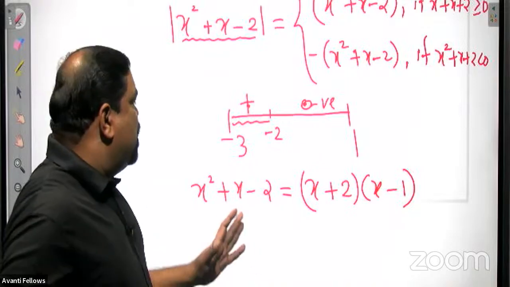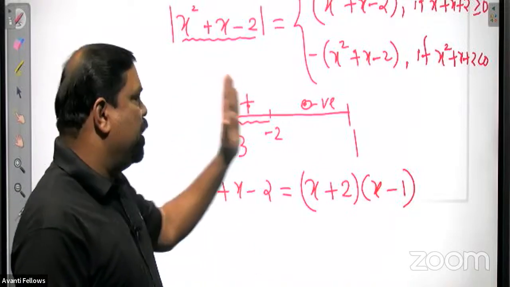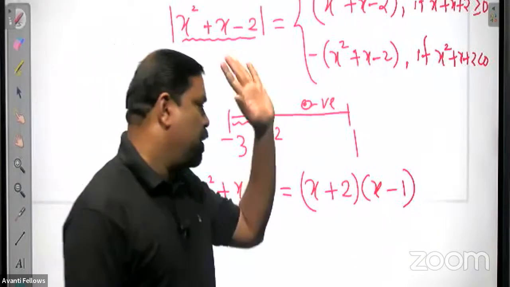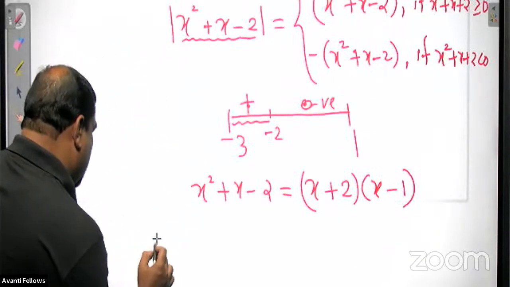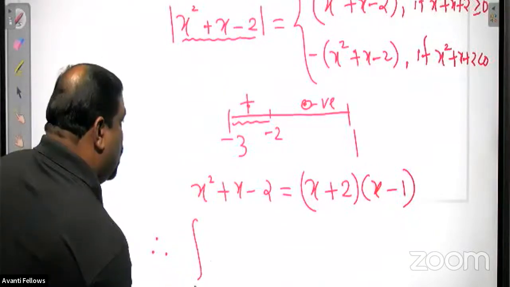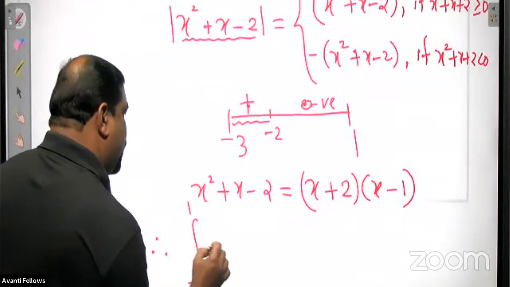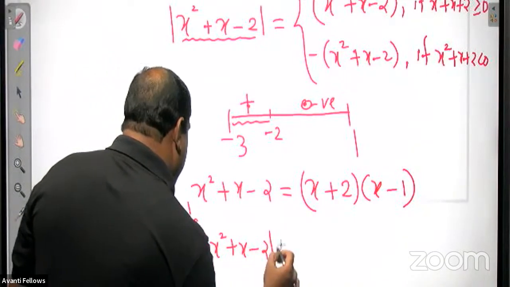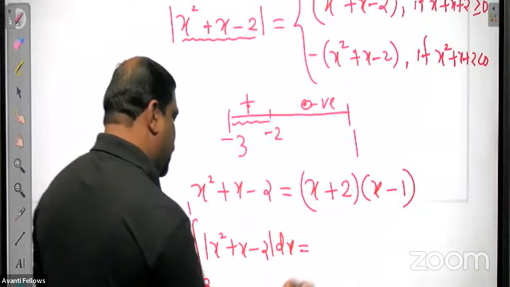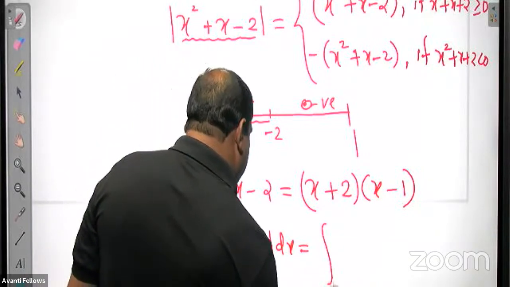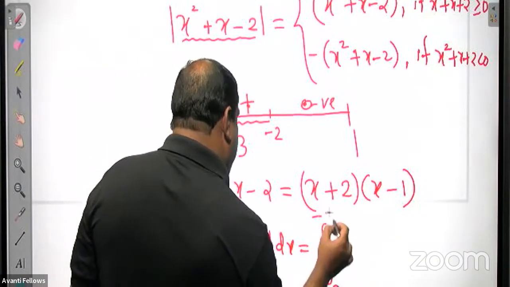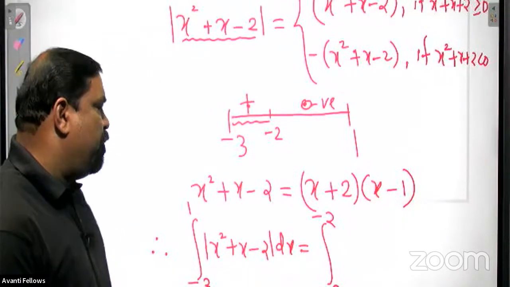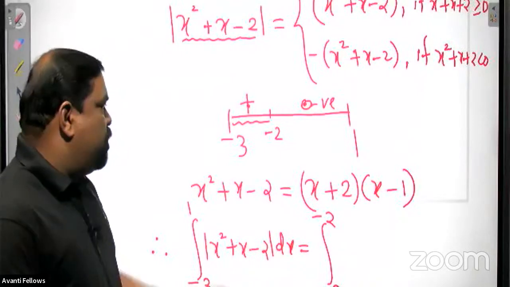So accordingly, we have to split the interval into two intervals. The first interval will be minus 3 to minus 2, and the second part is minus 2 to plus 1. Therefore, the integral from minus 3 to plus 1 of modulus of x square plus x minus 2 dx is equal to the integral from minus 3 to minus 2, the first interval, where the function is positive.